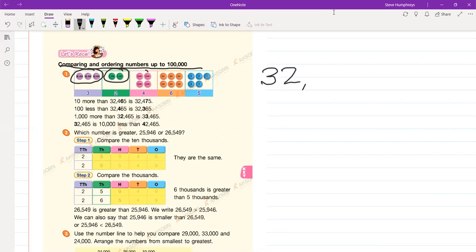We have 4 100 discs, so it's 400. 6 tens, it's 60. And 5 ones, which is 5. So our complete number is 32,465.